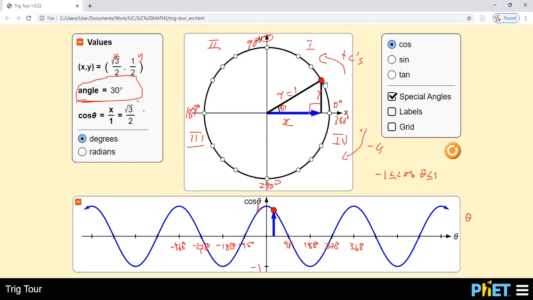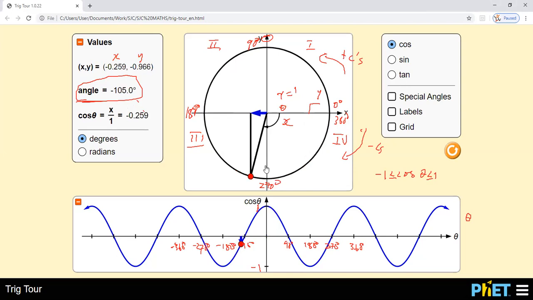But if I come back and move along the axis here, you see that the value now is negative. In this case, I have negative 30. In that case, I have negative 45 because I've selected special angles. Maybe I should deselect that so that you can see clearly even the decimals. And you can even see how the graph is moving down here. It has moved on the negative x values.